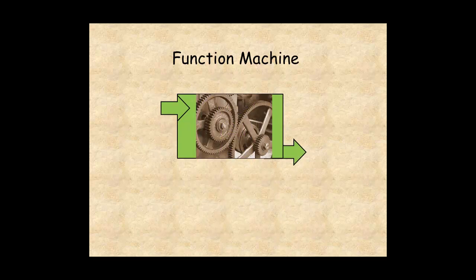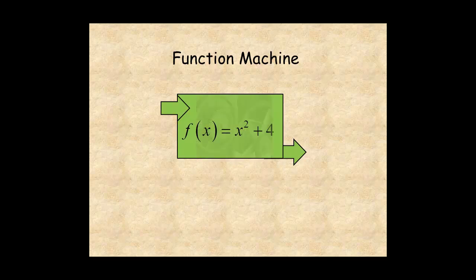Here's a function machine where the internal mechanism is the equation f of x equals x squared plus 4. Notice that any number could be substituted for x, so the domain of the function is all real numbers.